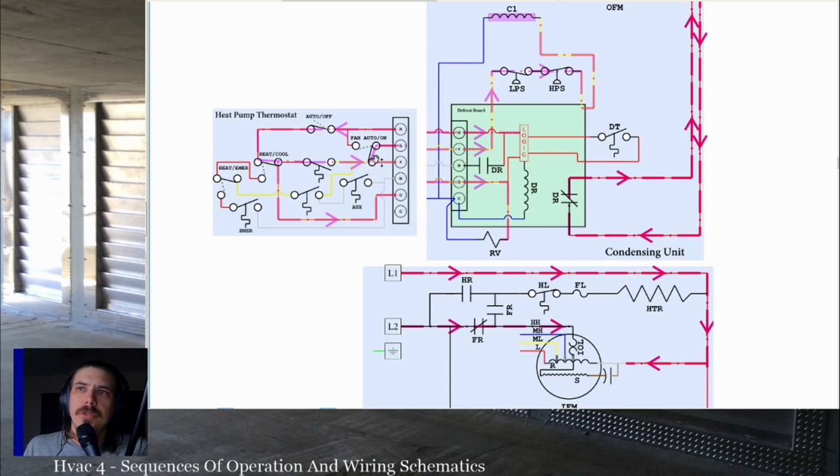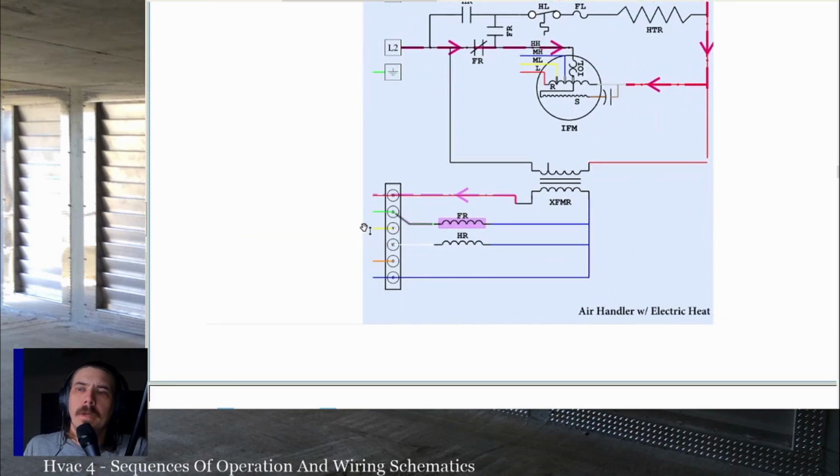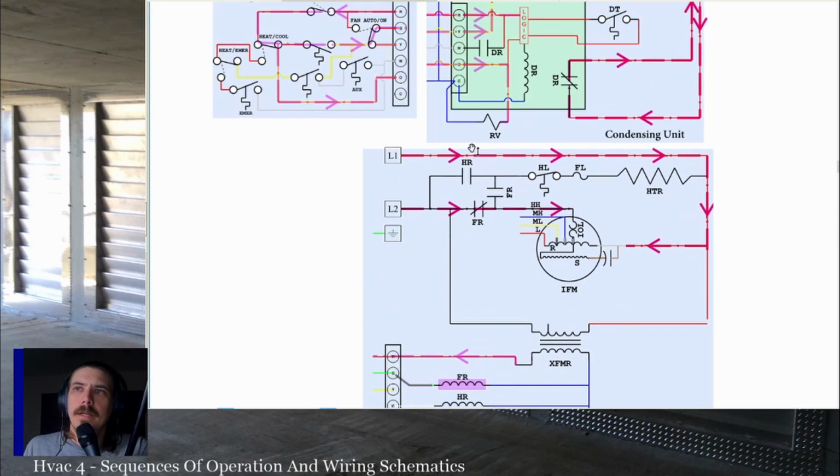And then G is going to be powered through the fan auto on switch to our air handler. G comes over to the air handler, powers the fan relay. That closes the fan relay set of contacts, opening the other contact that is on the heater switch. So this set of contacts opens, this set of contacts closes.